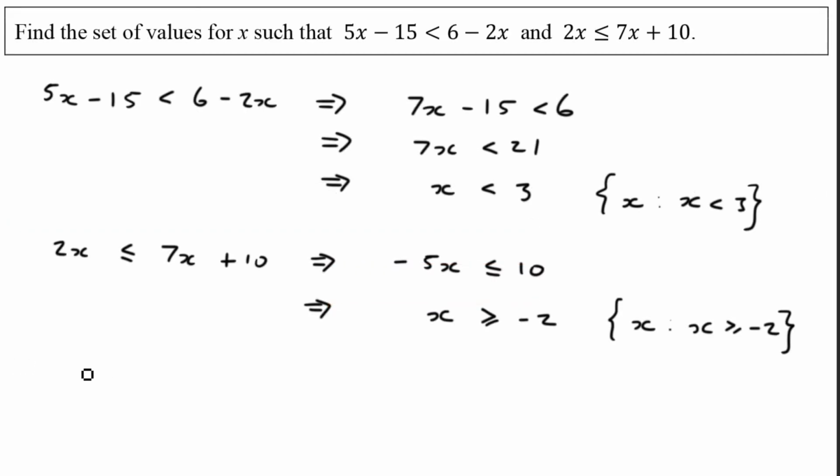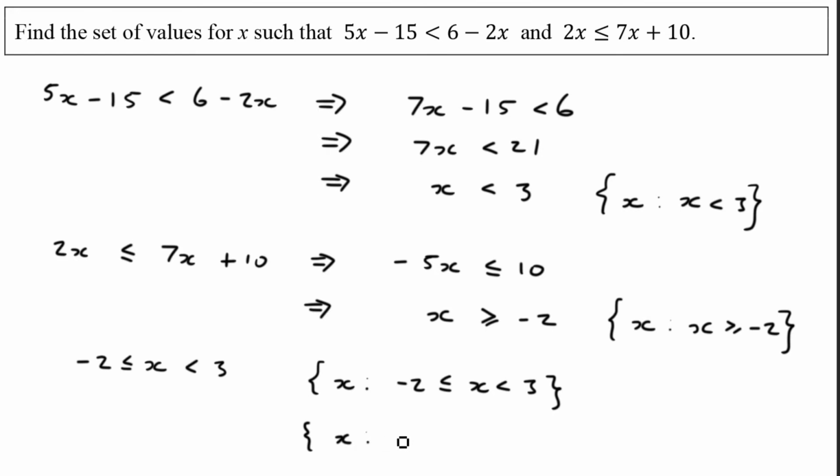So our final answer in this case is every value from negative 2 inclusive up to 3 not inclusive, or in set notation we could either give that answer as values of x between negative 2 and 3, or we could write this in the same way we did previously.